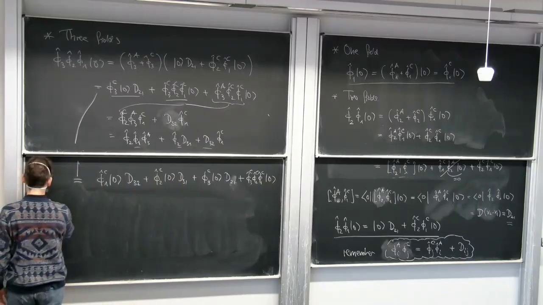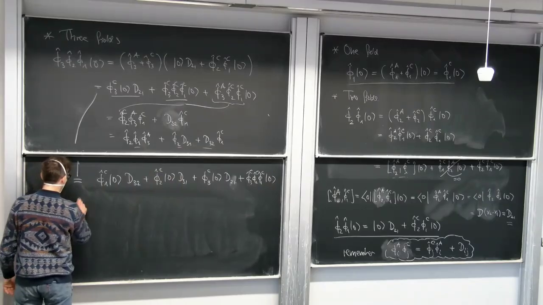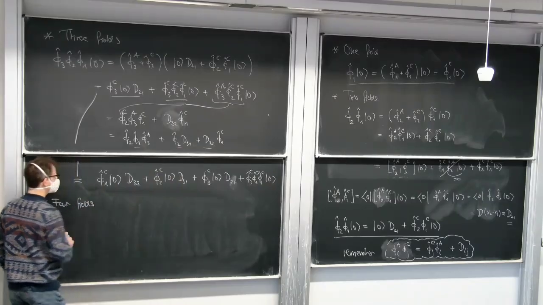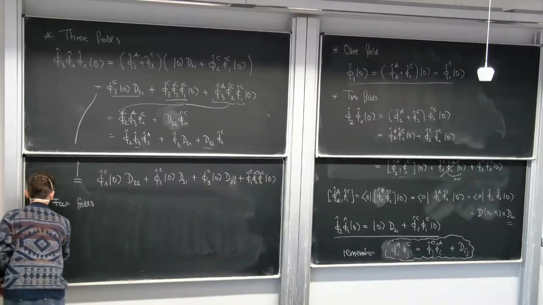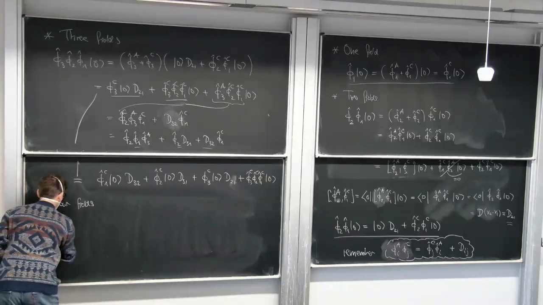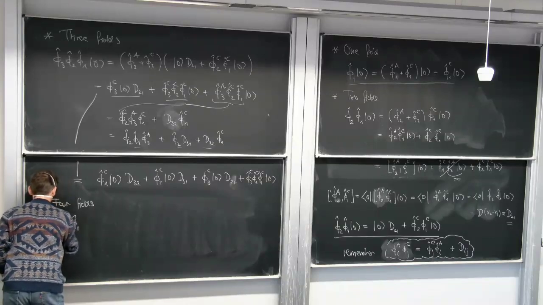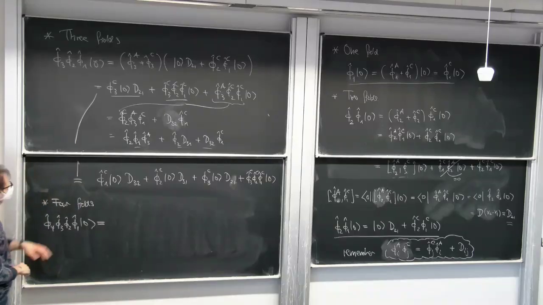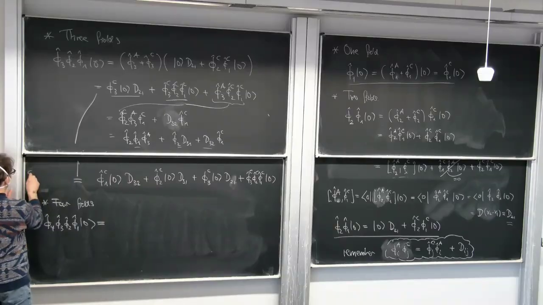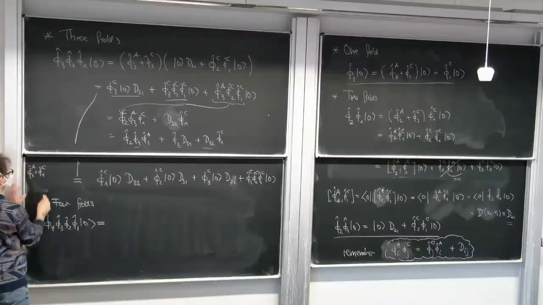Getting better and better, 4 fields. The question is whether we go, I think we're going to skip that. We will think hard what we get. So we have phi 4, 3, 2, 1. So that means on this result, we have to act with phi annihilation 4 plus phi creation 4.